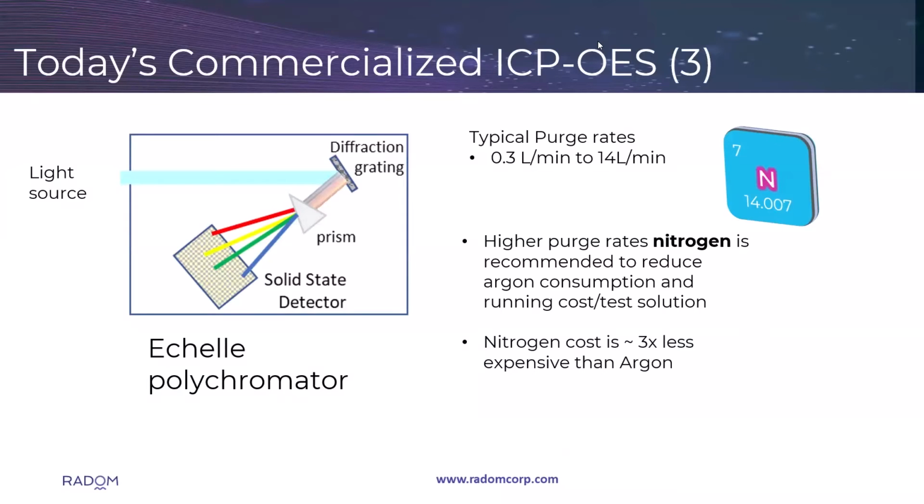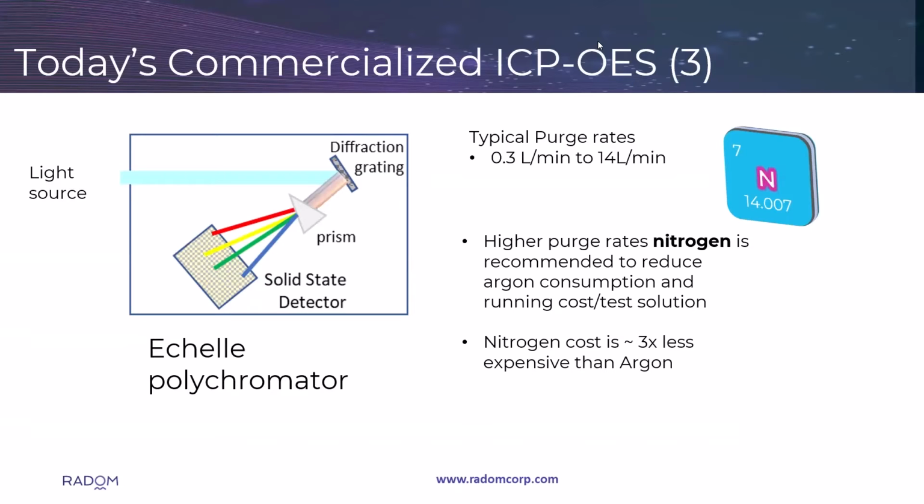I happen to have a quote with me from our local supplier. Of course, these are quoted prices for this area in Pewaukee, Wisconsin. If we look at liquid nitrogen at 230 liters in a dewar, the price is $130.